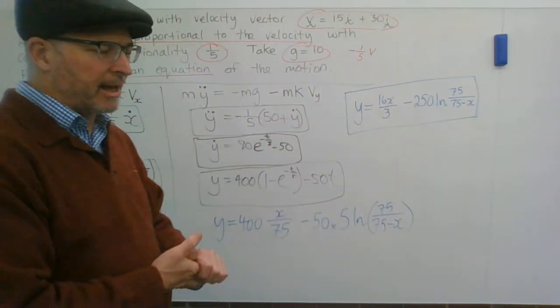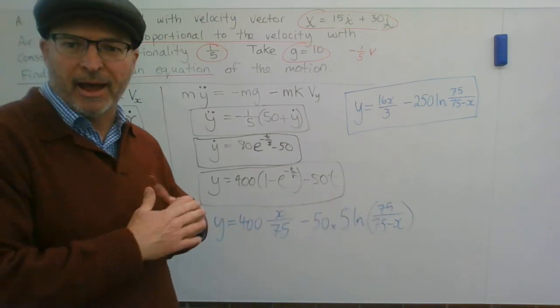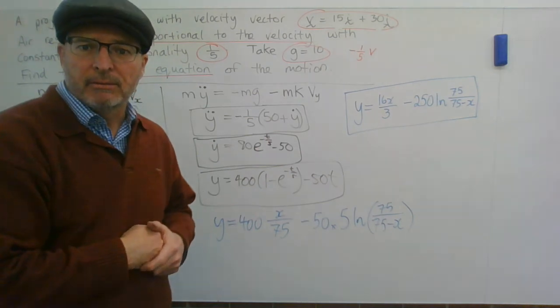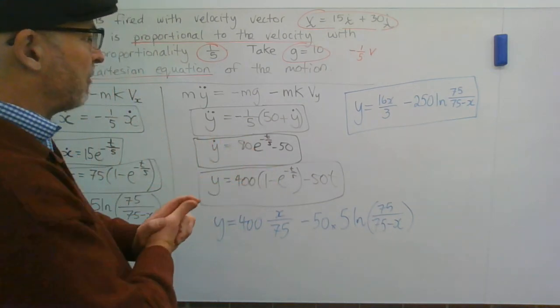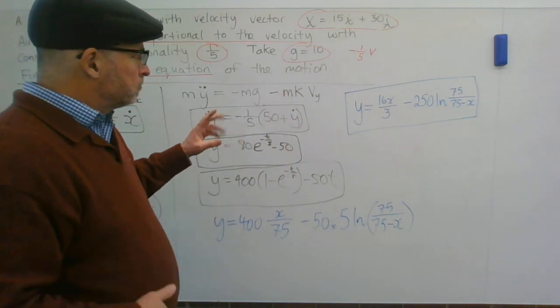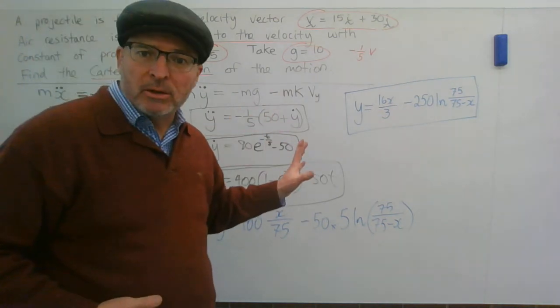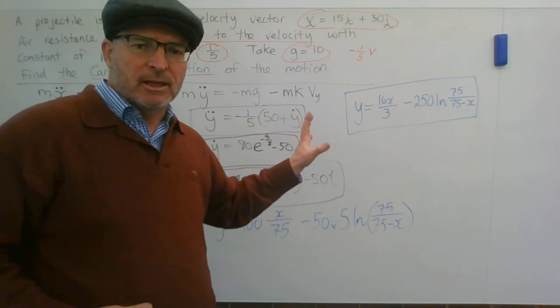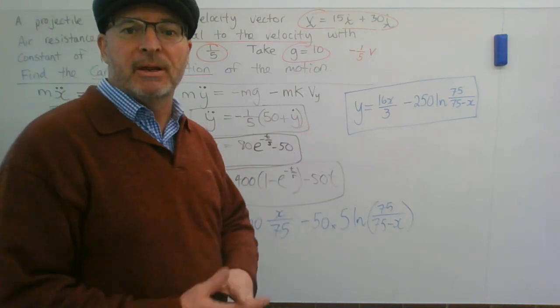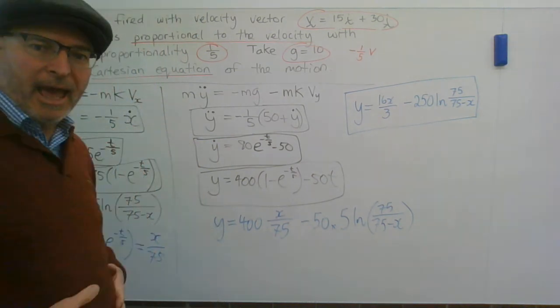And of course, it'll come to ground. We'd have to figure out, you know, x doesn't go forever because it's going to drop down below the x-axis. But that's our equation of our motion. You could pop that into a software program like Desmos and see that it's not quite a parabola, but does have quite a parabolic kind of shape with a bit of skew created by the air resistance.